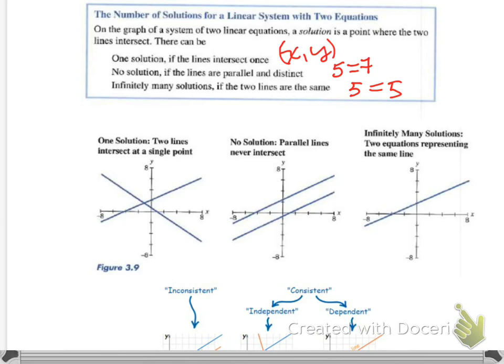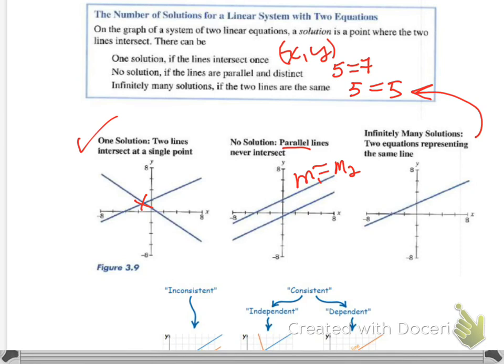Okay, so here you have the one solution, two lines intersecting at this one point. No solution, they're parallel lines, the slope is the same, so I'll say slope 1 equals slope 2. And then infinitely many solutions, which was our last scenario, and that happens when you have one line lying on top of another line.